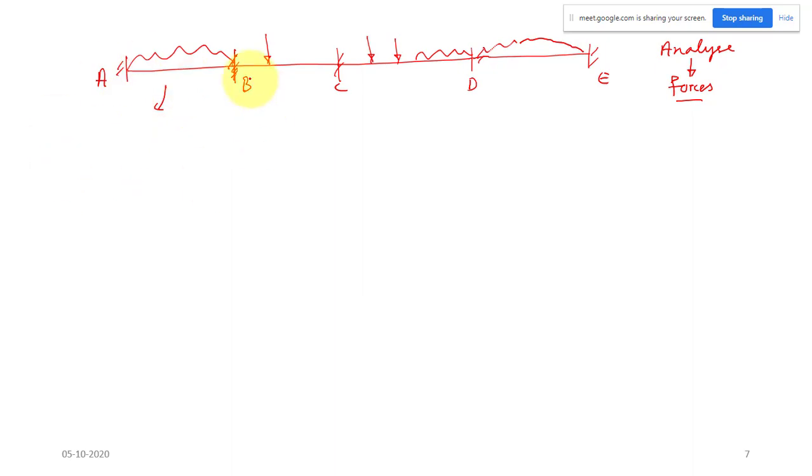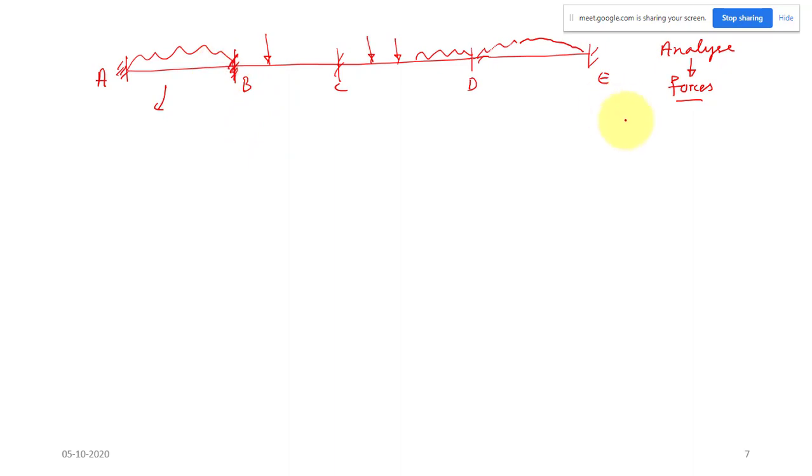But the speciality here is, if you take span AB, we have some loading. This loading will not have any effect on other spans, because these ends are already fixed. Whatever load is applied over this span will not affect the other spans. Similarly, the load applied in span BC will not affect AB, CD or DE. All these spans can be treated individually because the supports are fixed.